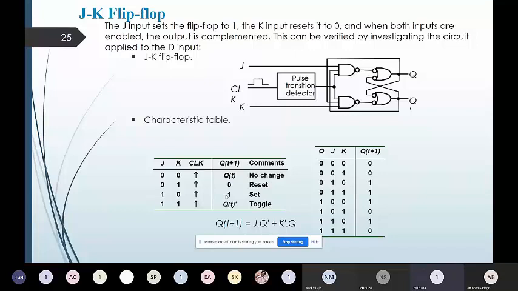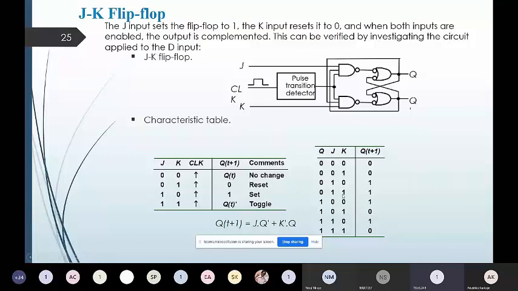So here, with the 3 input conditions of the present state and present input combinations, the next state has been mentioned over here. If say my present state is 0, then with that present state being 0, J and K will have 4 possible input combinations: 0 0, 0 1, 1 0 and 1 1.